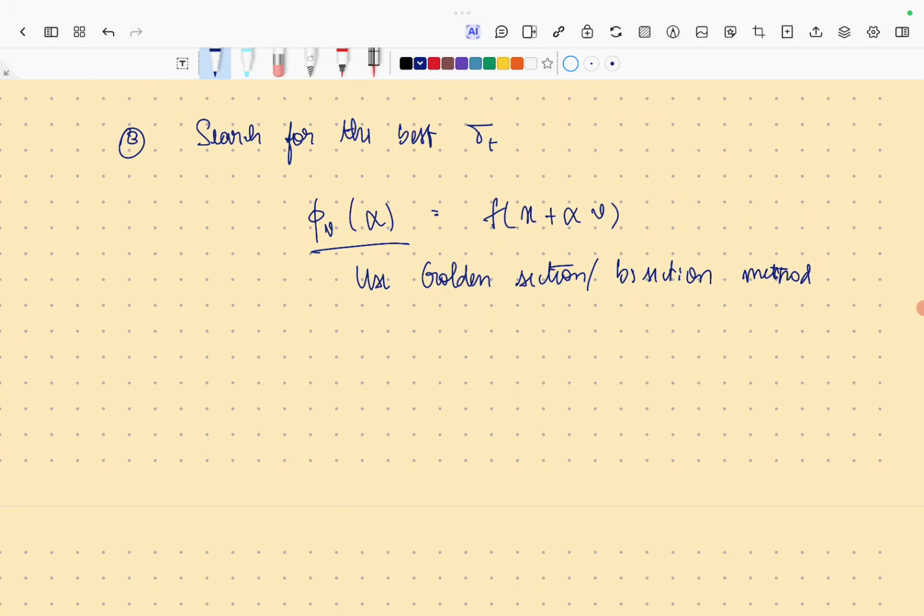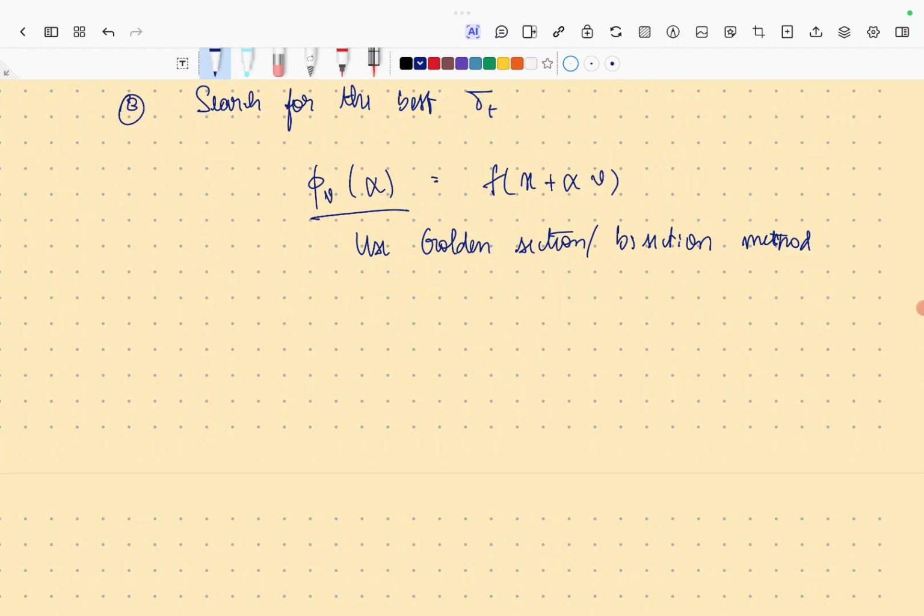There's one popular approach which is called the backtracking method, or the backtracking line search.